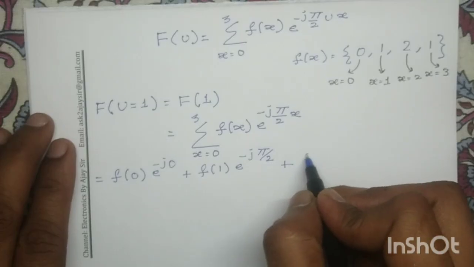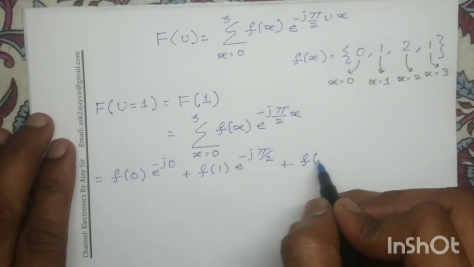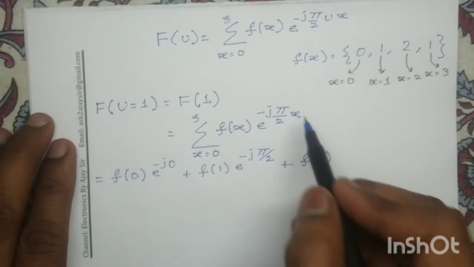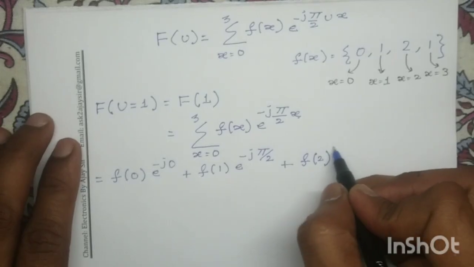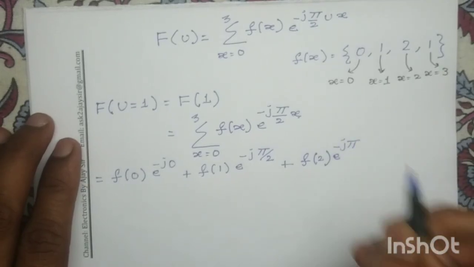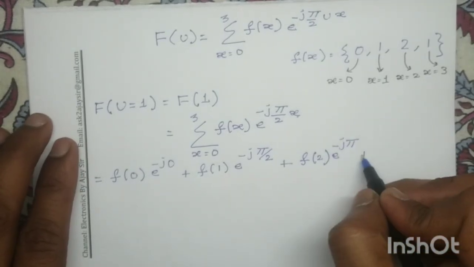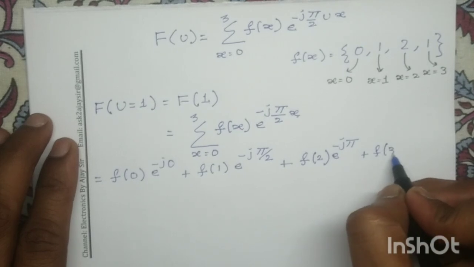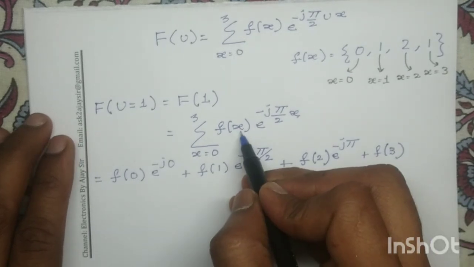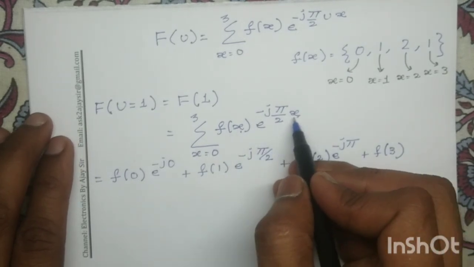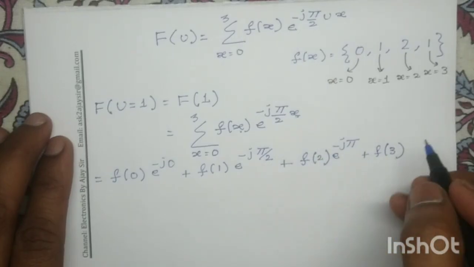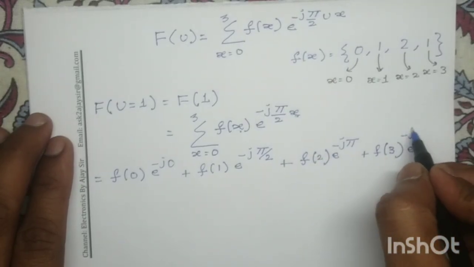Next, for x equals 2, this is f of 2, and in place of x, if I substitute 2, it becomes e to the power minus j pi. Next, f of 3, in place of x we substitute 3, and it becomes e to the power minus j 3 pi by 2.